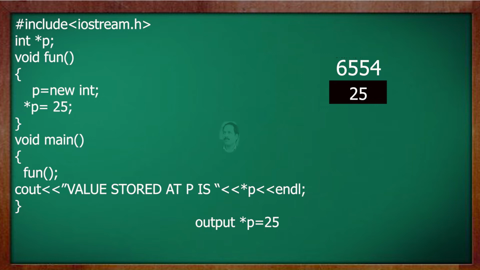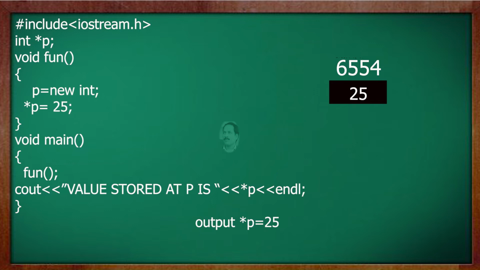That's why even after we exit from the function we still have the value; that space is not destroyed. That's the advantage of dynamic memory allocation. After exiting the function, that memory is not destroyed and remains occupied. So you can see the example.